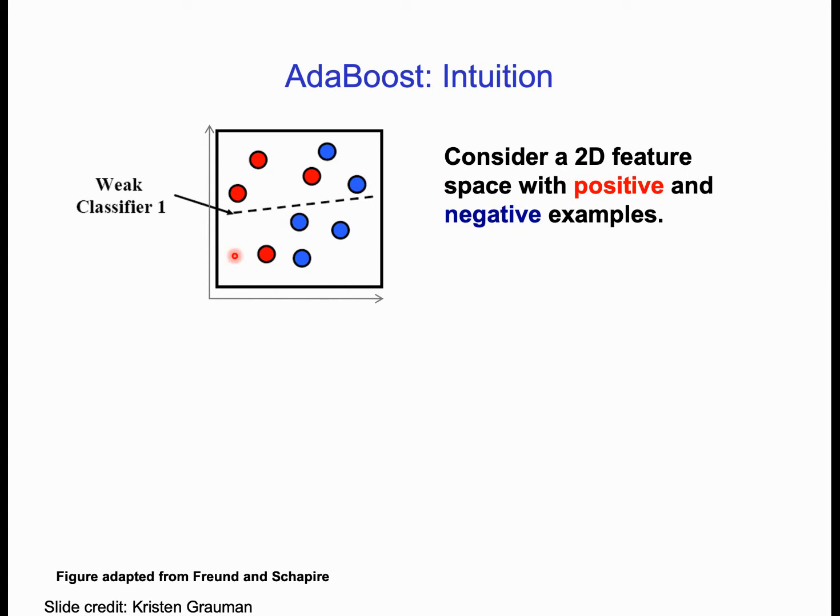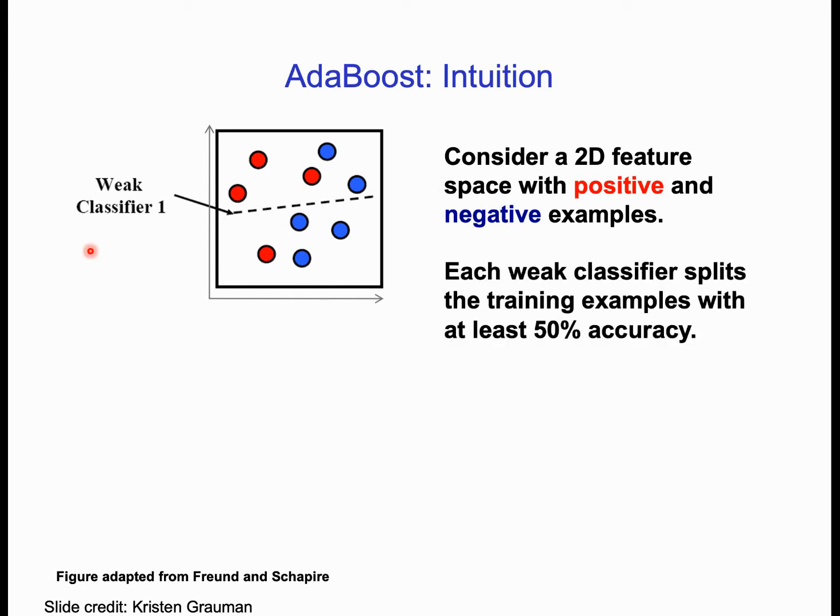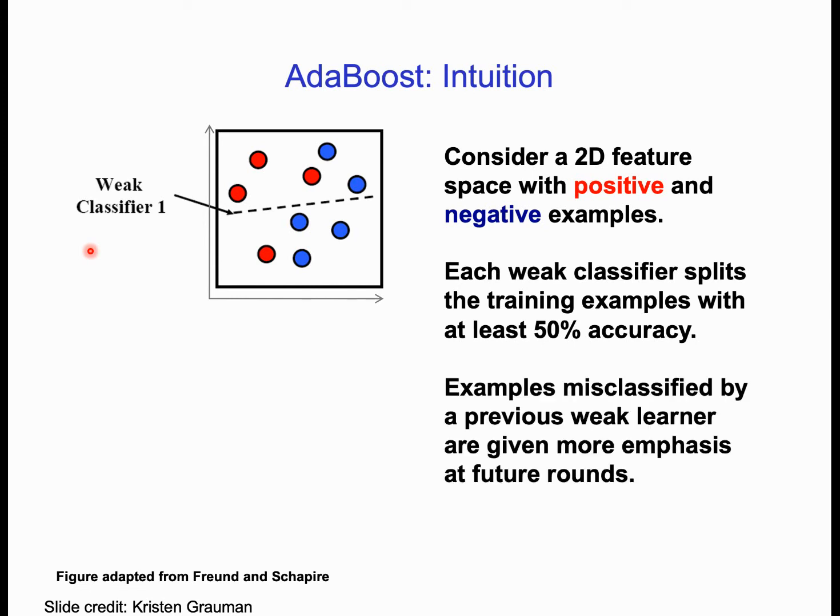Now, a weak classifier can be described as simply dividing this entire feature space into two, getting a classification accuracy of at least 50%. So I will have misclassified samples in this case. For example, my first weak classifier is this one, and I notice that it divides the red from the blue samples somewhat okay, but it has some errors.